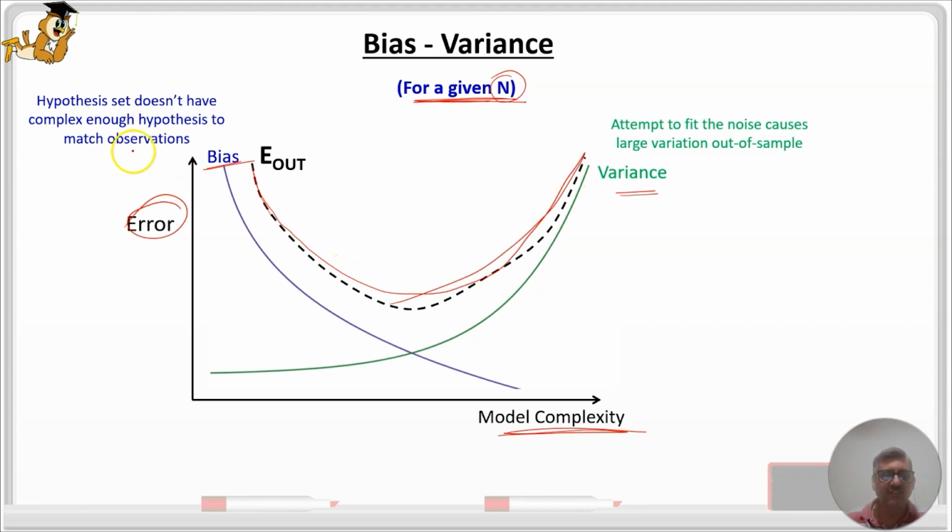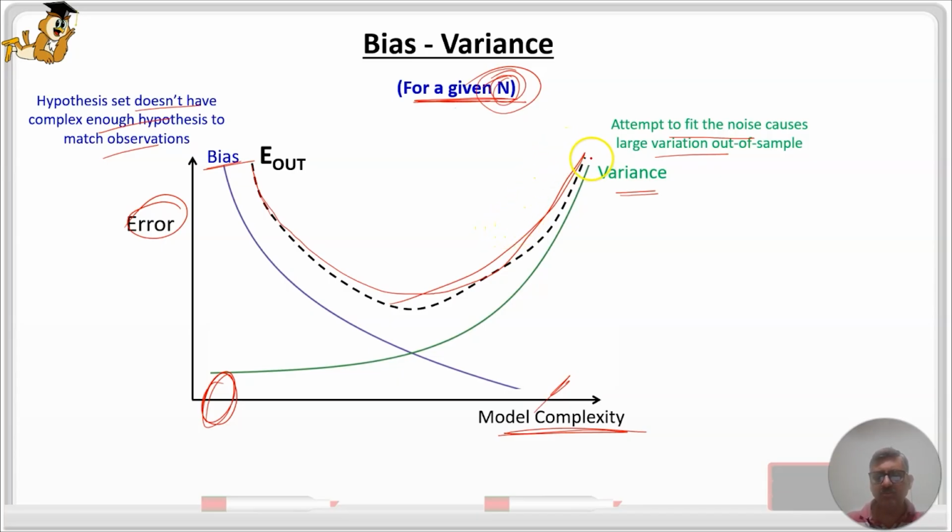When the model complexity is low, your hypothesis set does not have complex enough hypotheses to match your observations. And when your model complexity becomes high for a given number of training points, the attempt to fit the noise causes large variation on out of sample data. So your variance starts shooting up. So this is the nature of the curves for bias and variance for a given n.